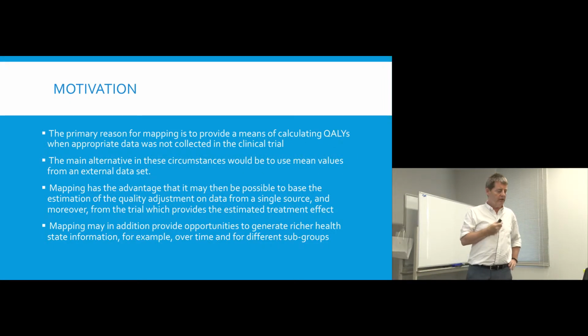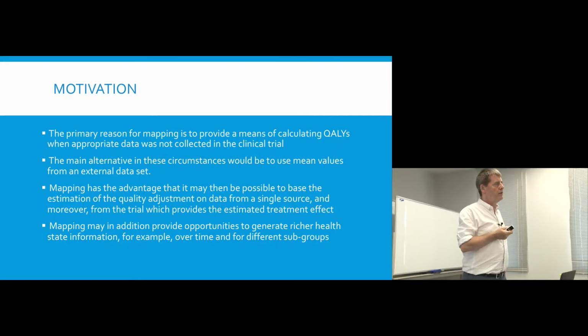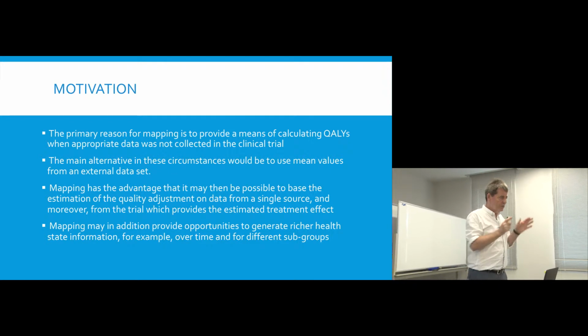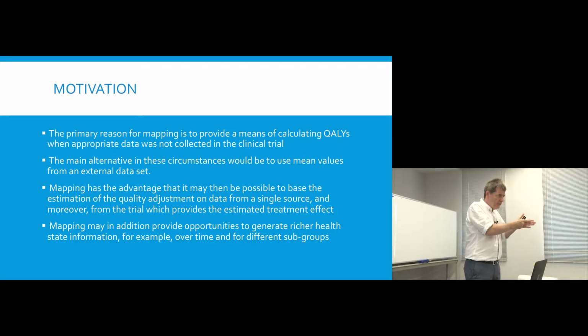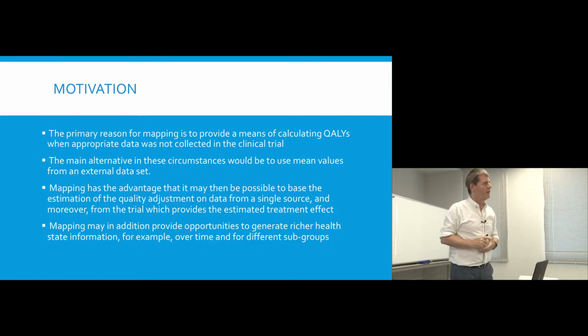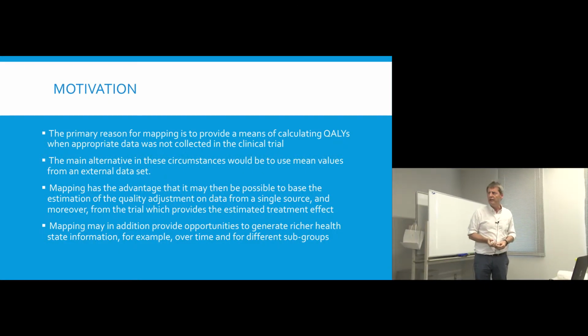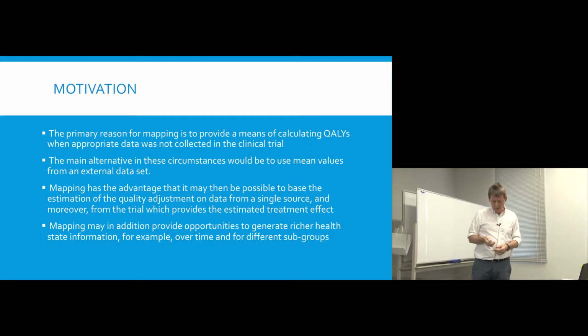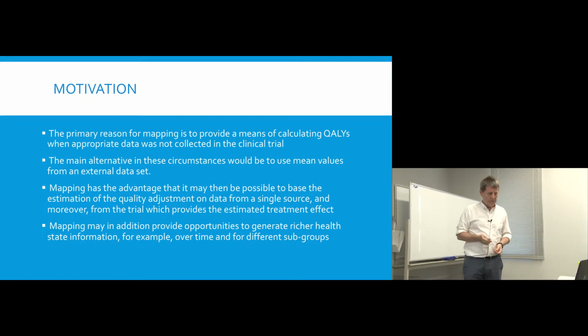The main alternative to mapping would be just to go to the literature, and so go away from the actual trial data you've got and see what scores people have assigned to the relevant health states. So mapping is potentially useful.